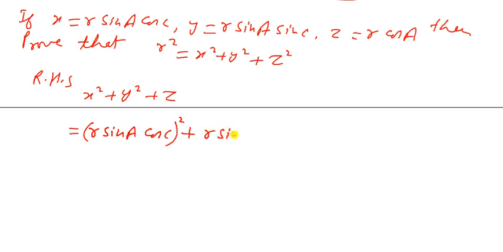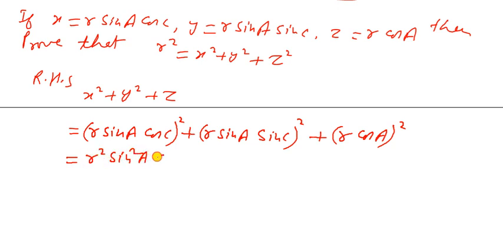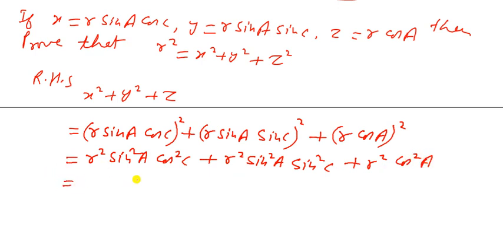X is (r sine a cos c) whole square, plus y is (r sine a sine c) whole square, and z is (r cos a) whole square. Now open this bracket: it is r square sine square a cos square c plus r square sine square a sine square c plus r square cos square a.